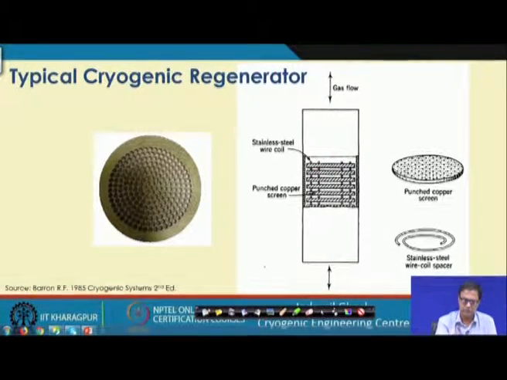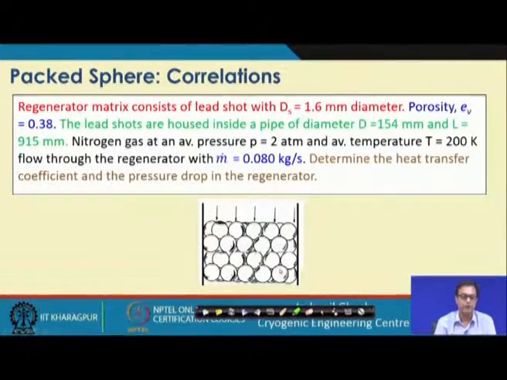With this knowledge we will now move to a small problem where we will try to calculate the heat transfer coefficient and the pressure drop in a regenerator packed with lead shot.